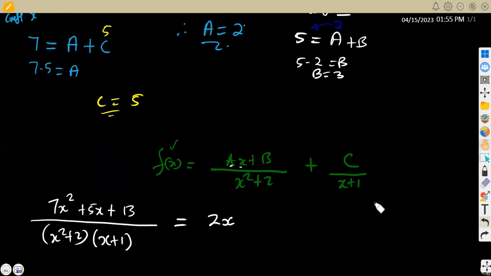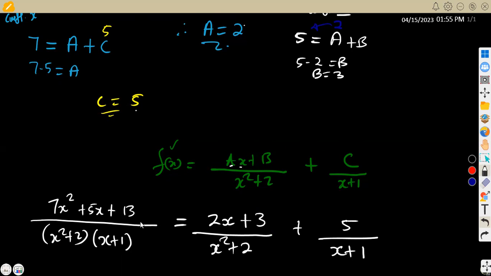So it is going to be 2x plus 3, everything over x squared plus 2, plus the constant c over x plus 1. Our c is positive 5, so it is going to be plus 5, everything over x plus 1. So we have converted this into two separate fractions. So that's resolving into partial fractions in this case.